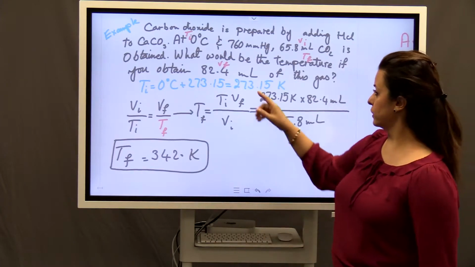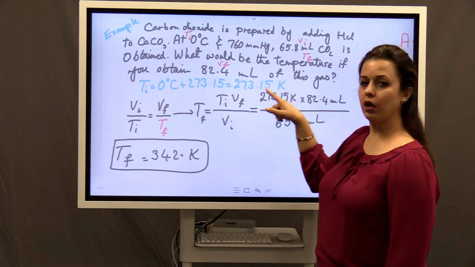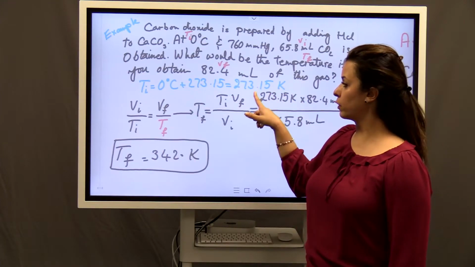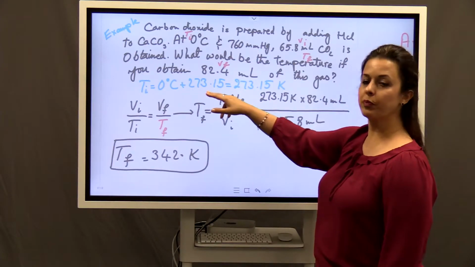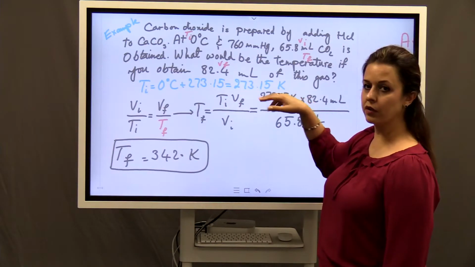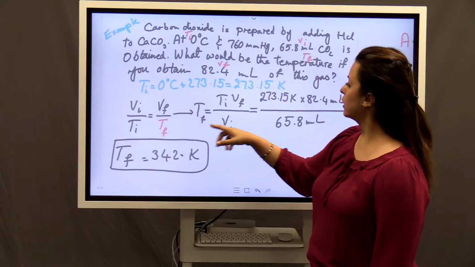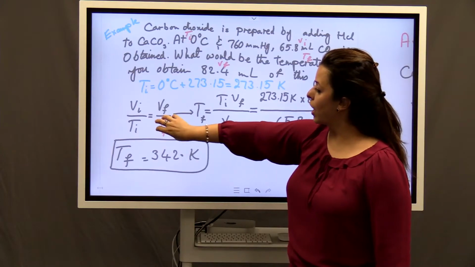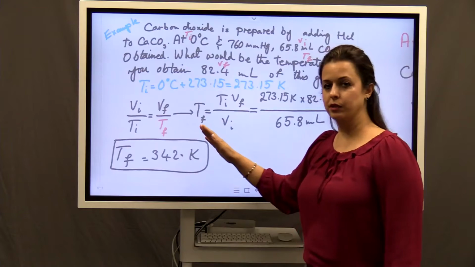Don't forget you're dealing with temperature, so the first thing is changing the initial temperature to Kelvin. 0 degrees Celsius plus 273.15 gives you 273.15 Kelvin. Then you plug it into this formula. When you're solving for Tf, you need to do the cross multiplication.